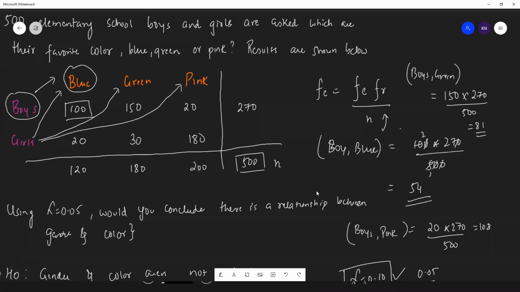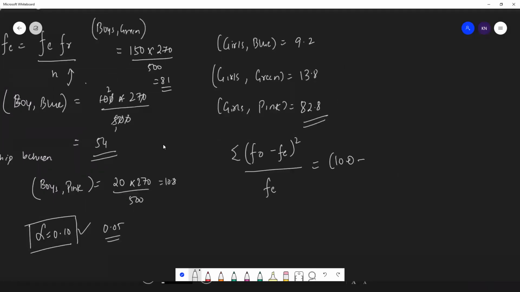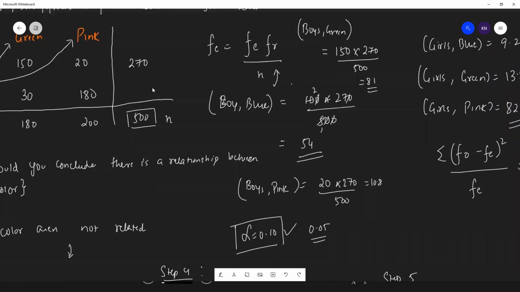So can I write like this now? 100 minus 54 whole square divided by 54. Then I'll do plus. What is the observed value for boys with green? 150, right?